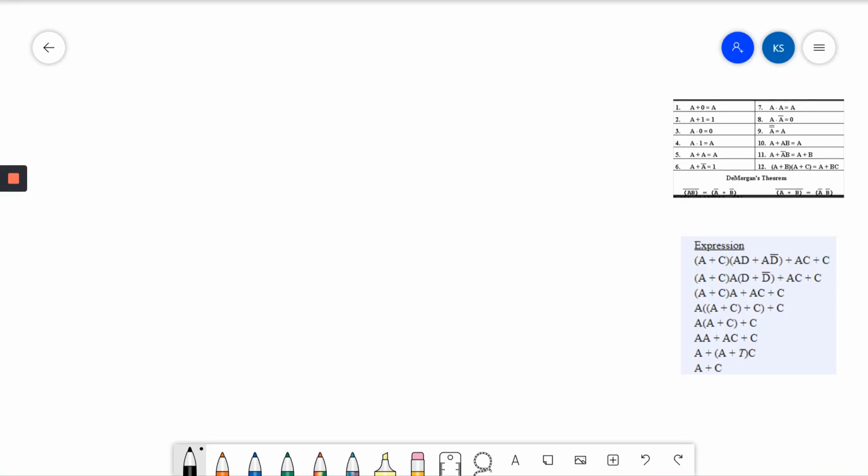Okay, so now let's take one example of how to simplify an expression. Here we have one expression, and we'll simplify it and see at the end how we get the simplified expression.